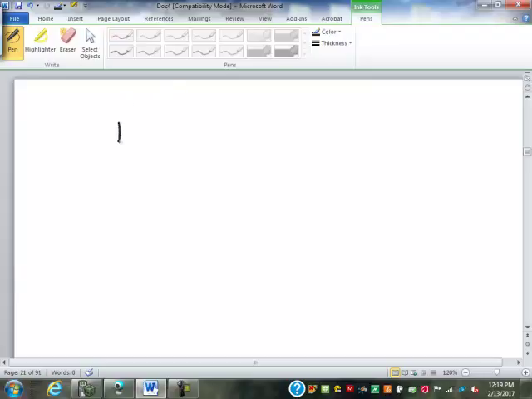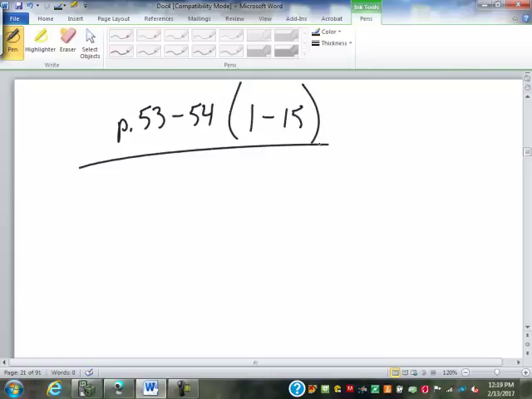So for now, I'm going to have you guys take a look in your book for homework, page 53 through 54, 1 through 15. You have the answers for the odd-numbered problems, but try to give all of them a shot if you would to make sure you've got them down. This is one of those that on the test seems to be one of the most missed problems. So make sure you're getting good at setting up these equations from the problem.